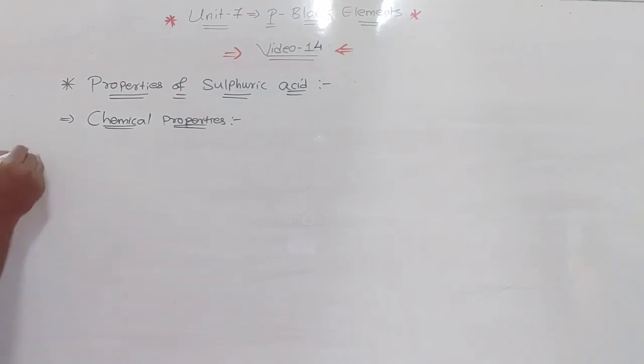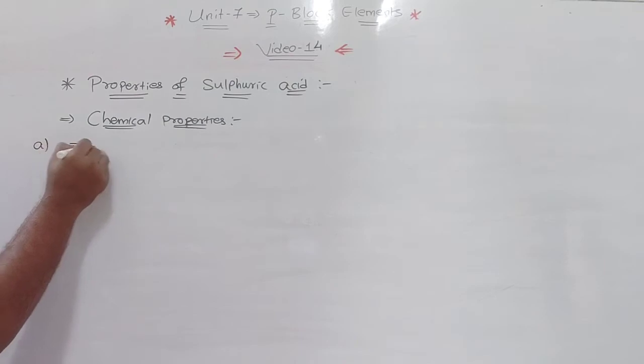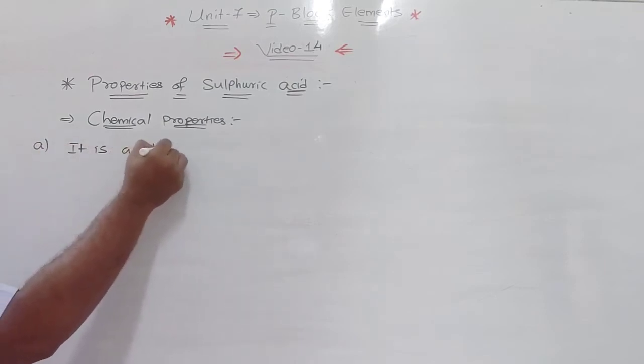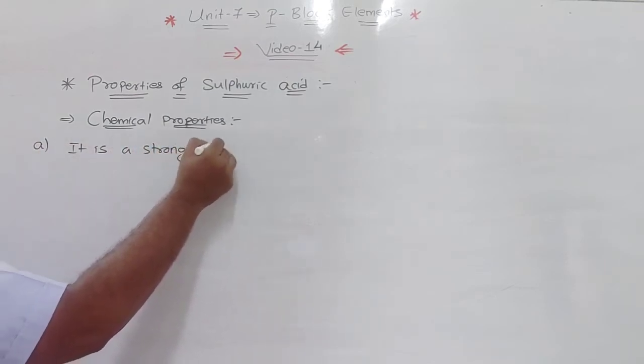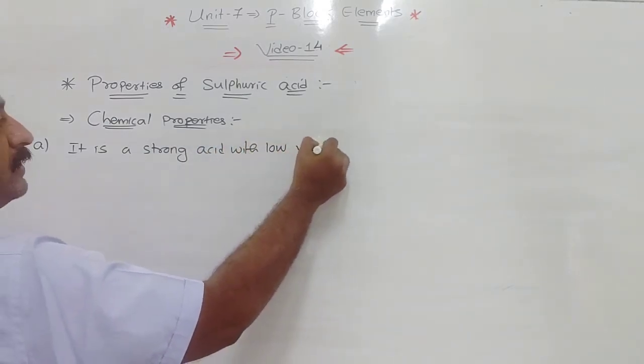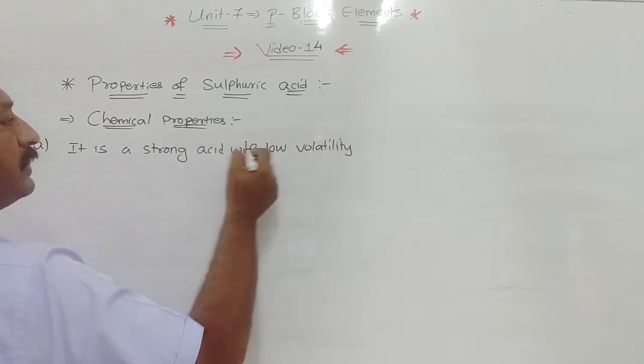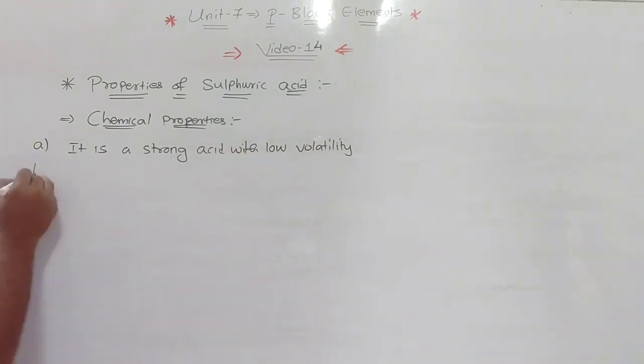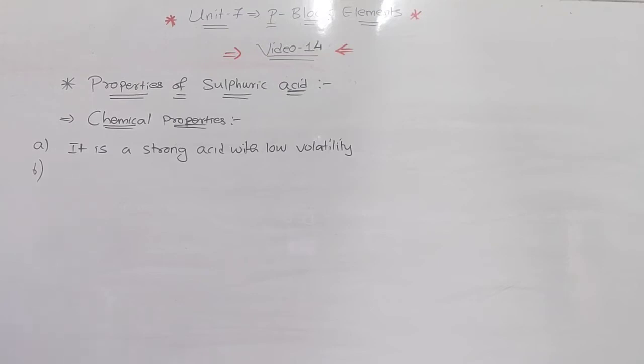So the chemical properties we can start: it is a strong acid with low volatility. Then second, it has a strong affinity for water.